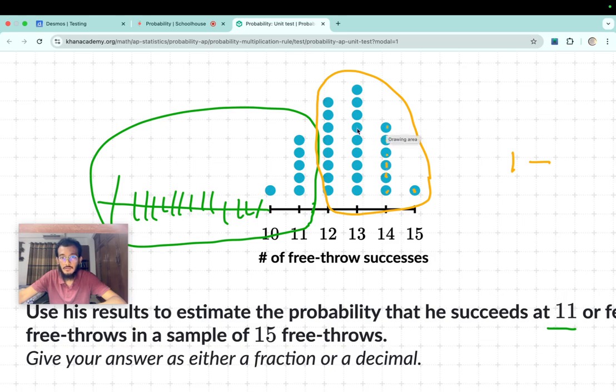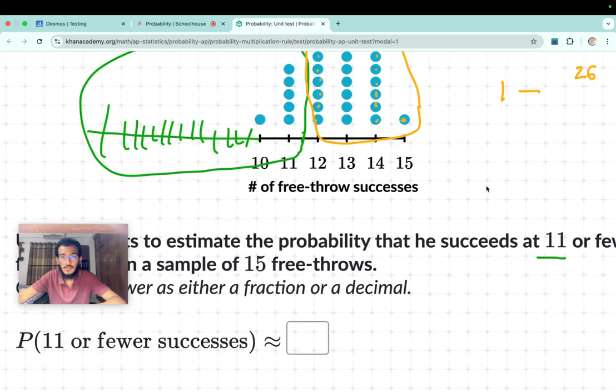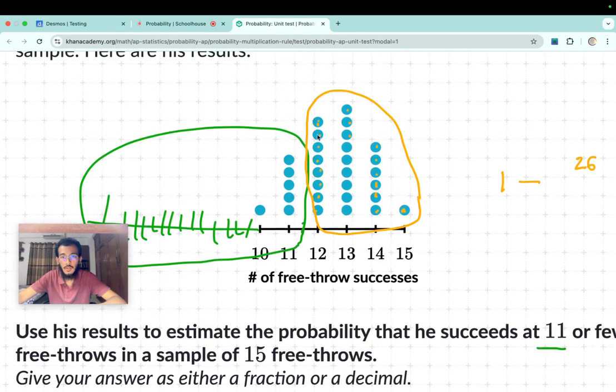Okay, so 7, then we have 14, 15, 16, 17, 18, 19, 20, 21, 22, 23, 24, 25, 26. Okay, 26. So 1, 2, 3, 4, 5, 6, 7, 8.